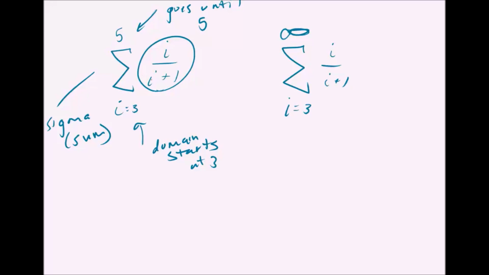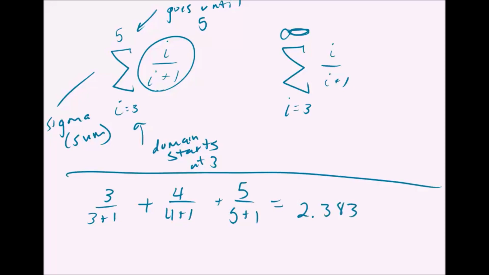So we're going to plug in 3 for all the places we see i, so 3 over 3 plus 1, plus, that's what the sigma is telling us to do, 4 over 4 plus 1, because we have to keep going until we hit 5, so 4 over 4 plus 1, plus 5 over 5 plus 1, and we're going to add those together, so 3/4 plus 4/5 plus 5 over 6, which is something like 2.383.